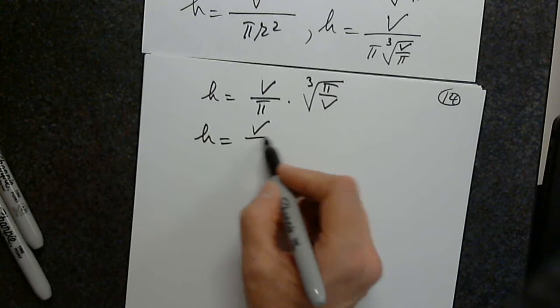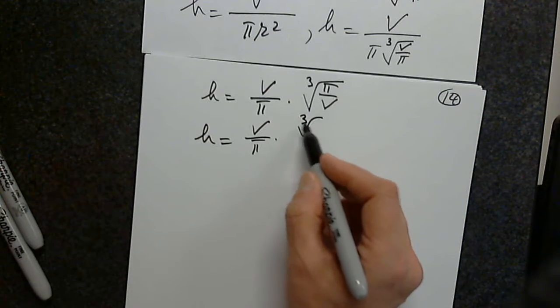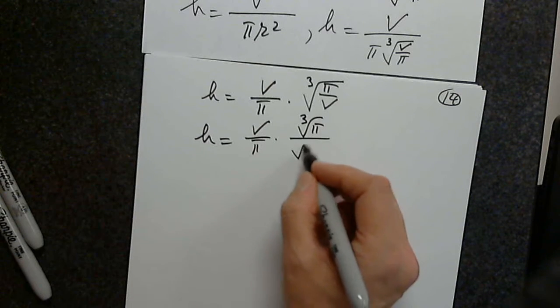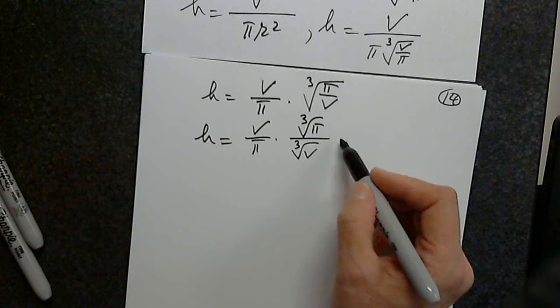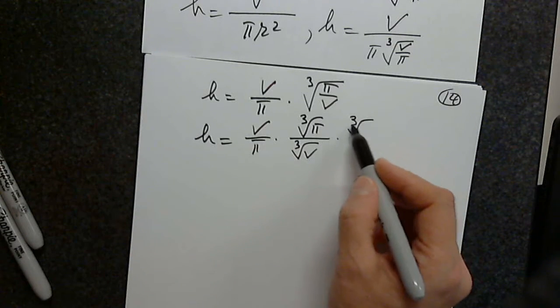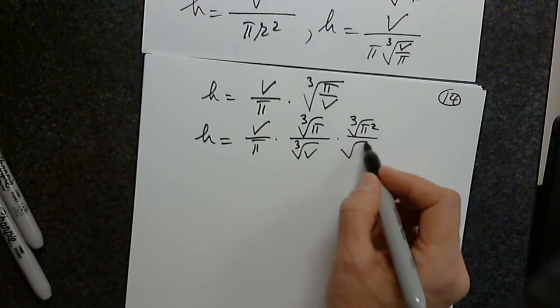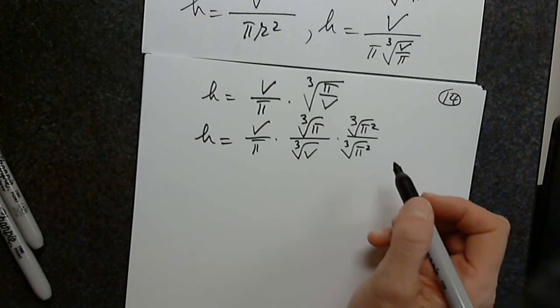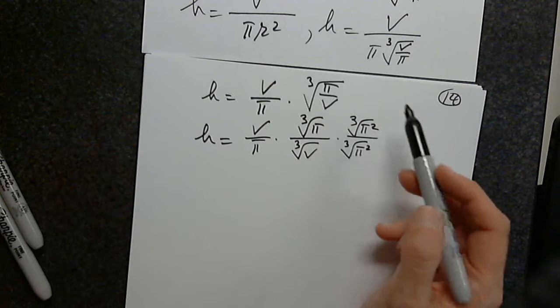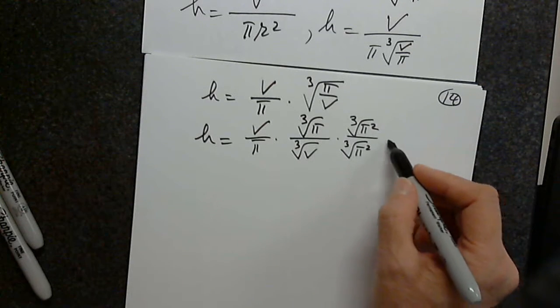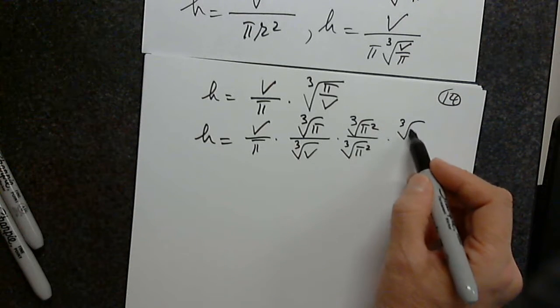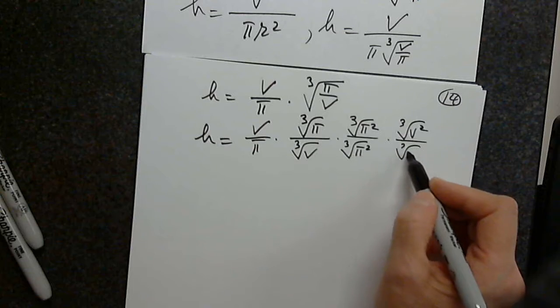I can rewrite it as V over pi, which is the cube root of pi over the cube root of V. And I can rationalize the top and the bottom by the cube root of pi squared. I should only rationalize the denominator, actually. So, okay, never mind. So the cube root of V squared and the cube root of V squared.